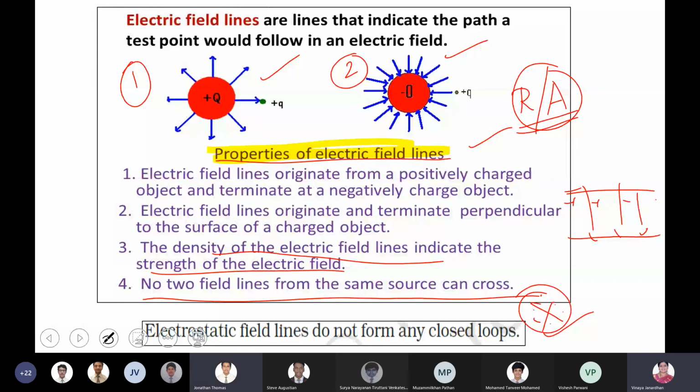Yes, boys, because the magnetic field line starts from the North Pole and enters the South Pole outside the magnet, but inside the magnet they move from south to north. So they form a closed loop. But electrostatic field lines do not have any closed loop. So all these points, please do write.